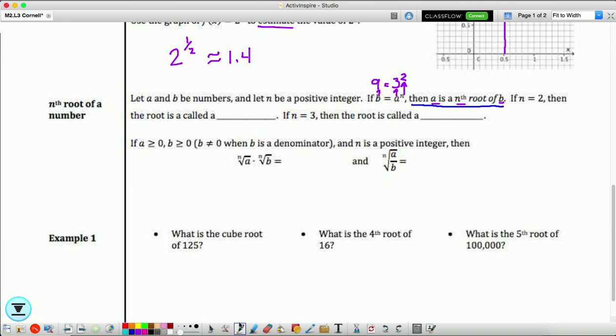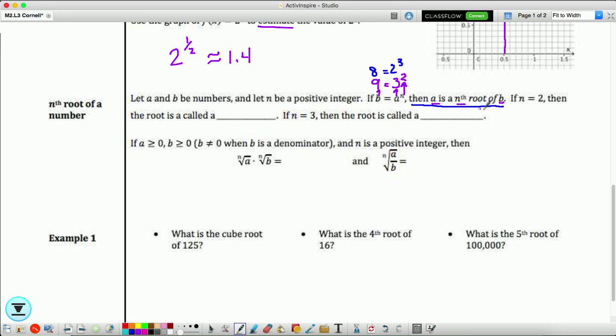So for example, if I did 2 to the third, that would be 2 times 2 times 2, which gives me 8. So again, if I read this the way that the sentence says it, 2 is the nth root, or the cubed root. 2 is the cubed root of 8, right?